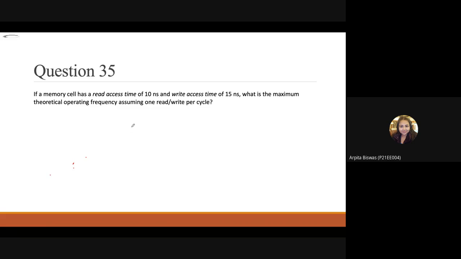Just directly write T cycle is equal to 15 nanoseconds. You have to take the write access time. Just see how to solve.